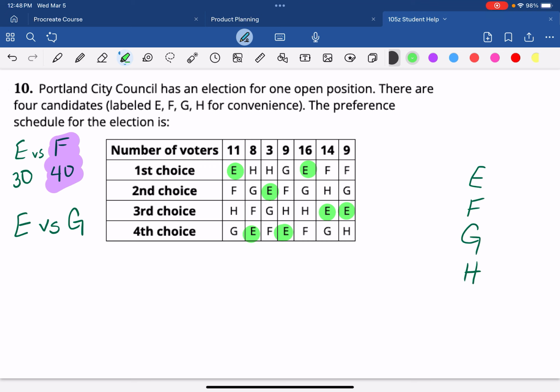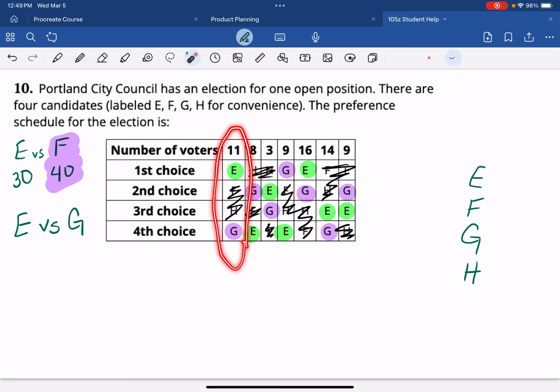And this time I will highlight G in purple, ignoring the rest of the table. So once again, we'll go column by column and decide of those votes available, who would have earned those votes if these were the only two candidates.